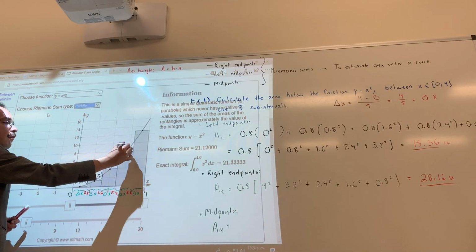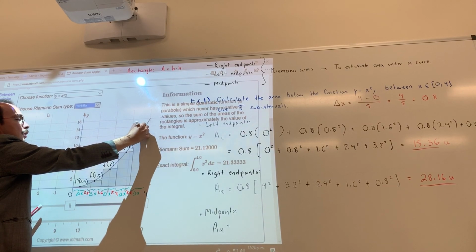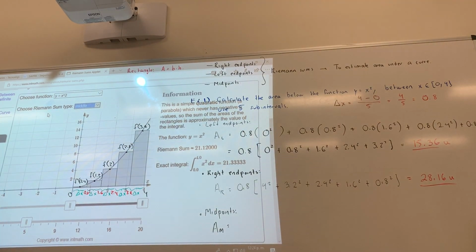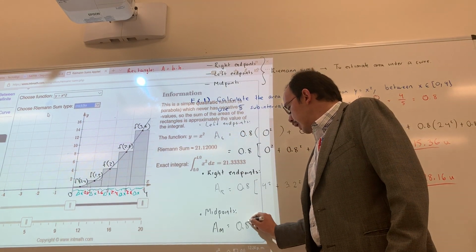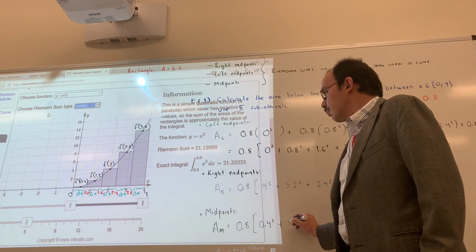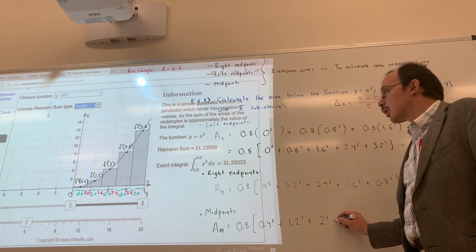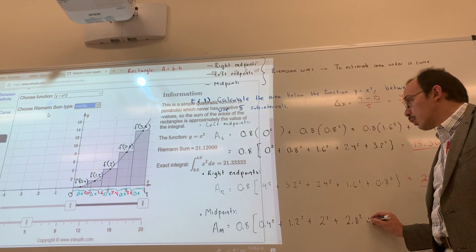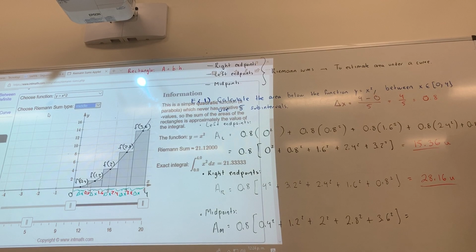The next one is f of 2.8. The next one is 3.6. Okay? So, same situation: 0.8 times 0.4 squared plus 1.2 squared plus 2 squared plus 2.8 squared plus 3.6 squared. How much is that?